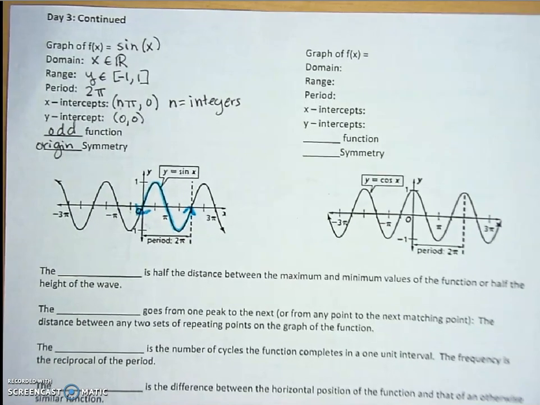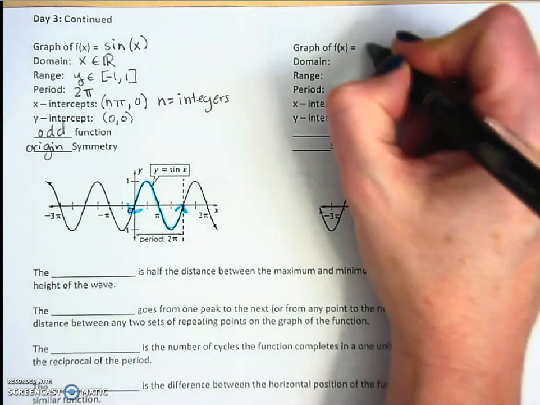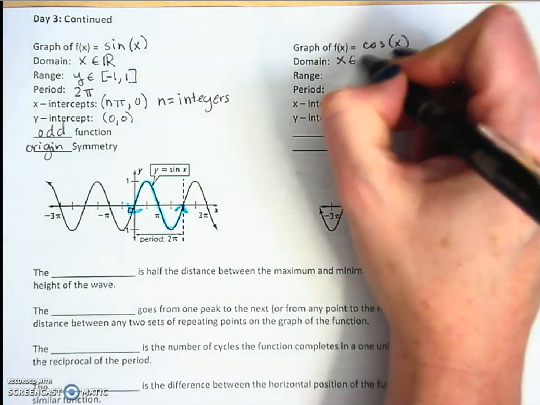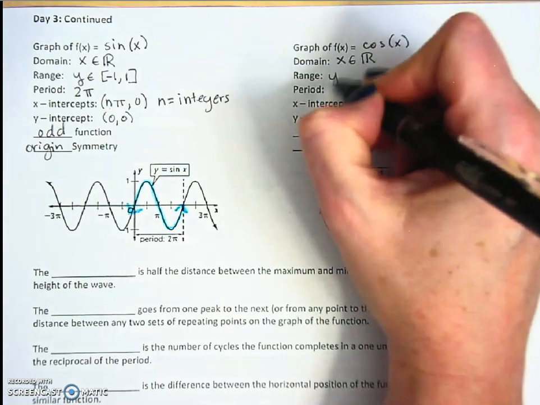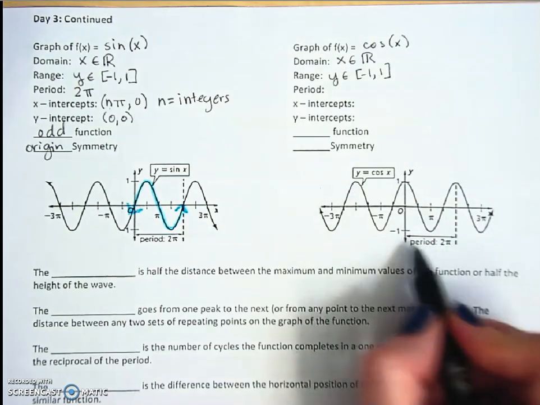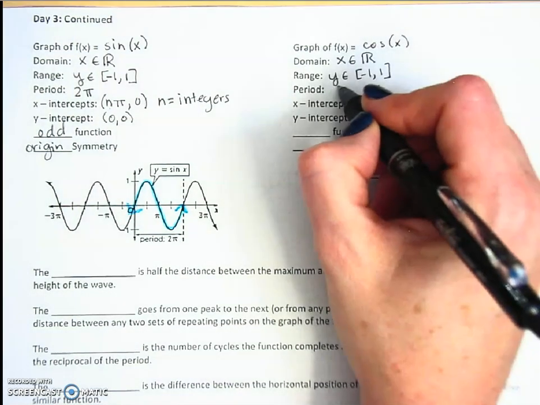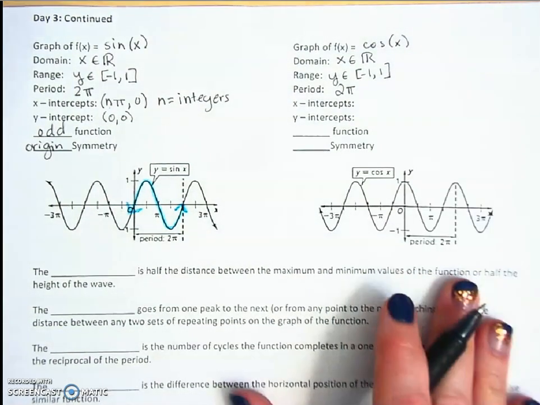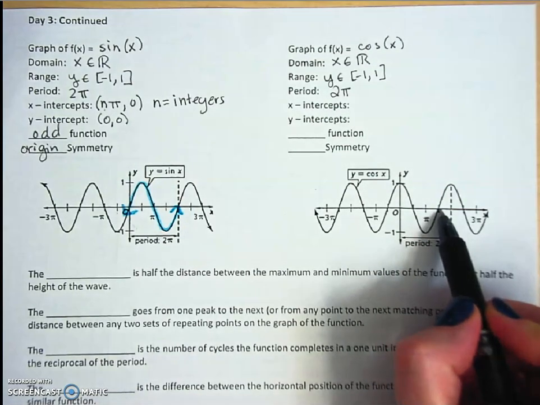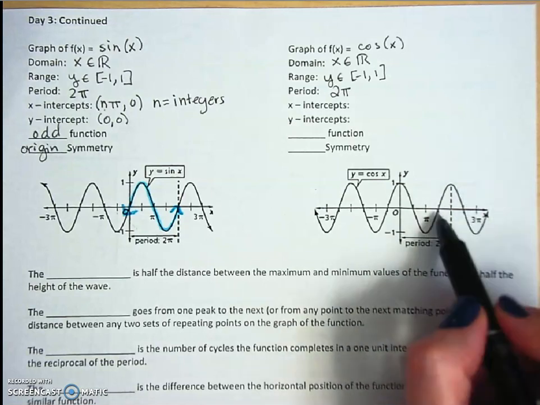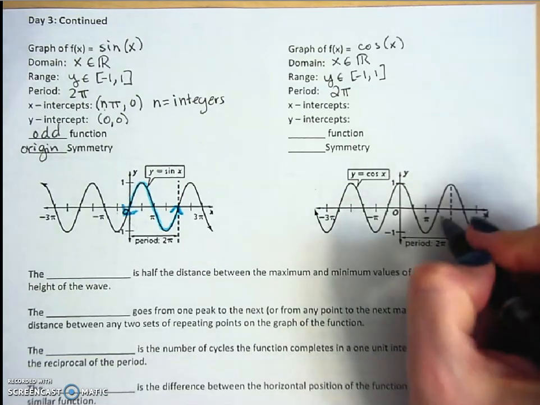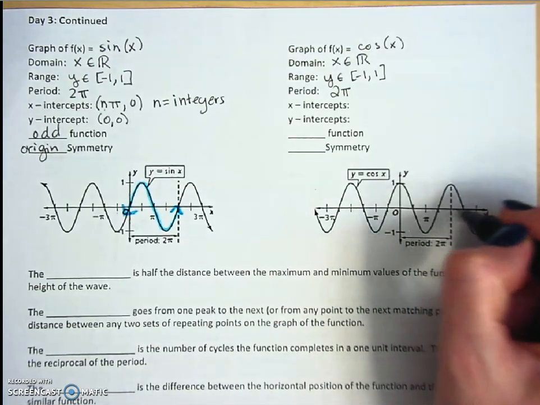And then for the cosine graph, f of x is cosine x. The domain again is all real numbers. The range again is -1 to 1. The period of one cycle is also 2 pi. Now you'll notice here that the x-intercepts are moved over half the distance of 1 pi. So it's moved over 1/2 pi.